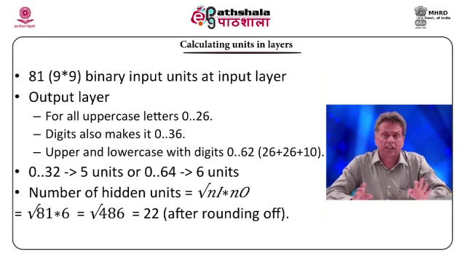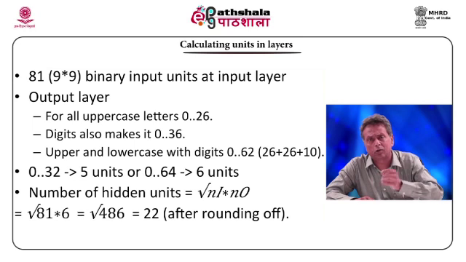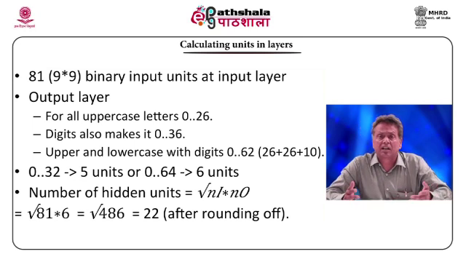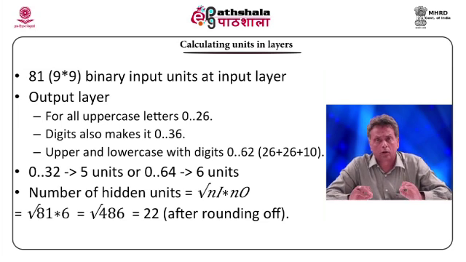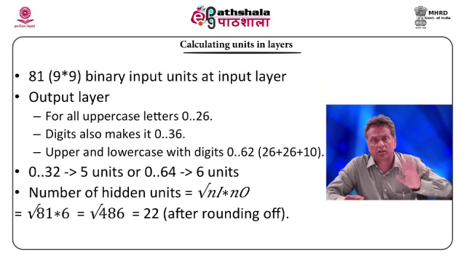There are many ways of doing it. One very simple method is to use the normal way of using binary neurons as a single digit. If you do that, for fewer than 32, 5 units are good. 2 raised to 5 gives a total of 32 combinations, which is good.